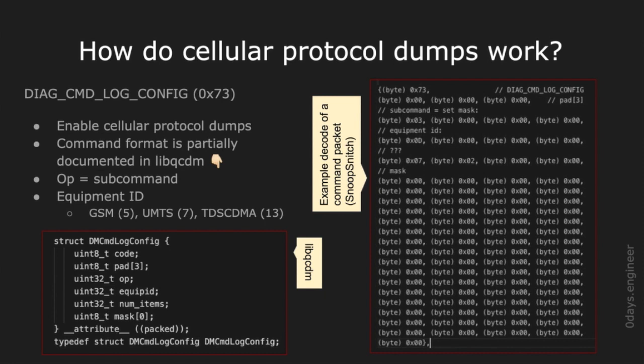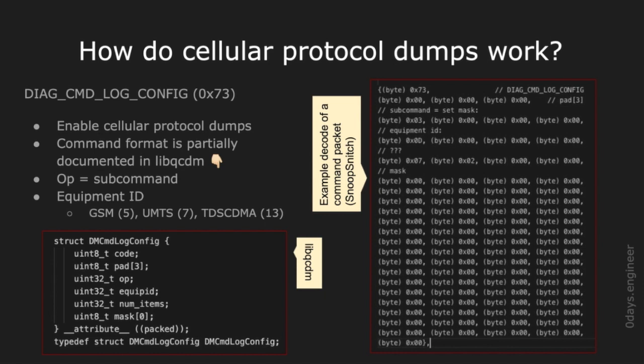So how do cellular protocol dumps actually work? In order to enable the cellular protocol dumps, we need Diag command log config, number 73 hexadecimal. It is partially documented in the libqcdm. The structure of the packet would contain the code and the subcommand, that would be setmask in this case.